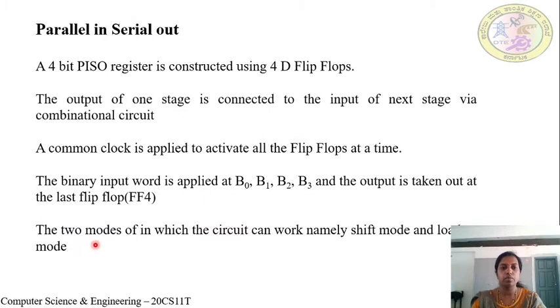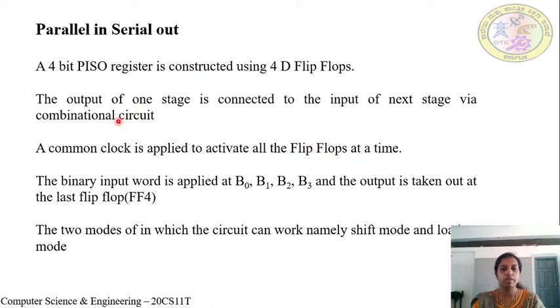We will see the operation. So what is this parallel in serial out? A 4-bit PISO register is constructed using 4 D flip-flops. The output of one stage is connected to the input of the next stage via a combinational circuit, which can consist of 2 AND gates and 1 OR gate. A common clock is applied to activate all the flip-flops at a time.